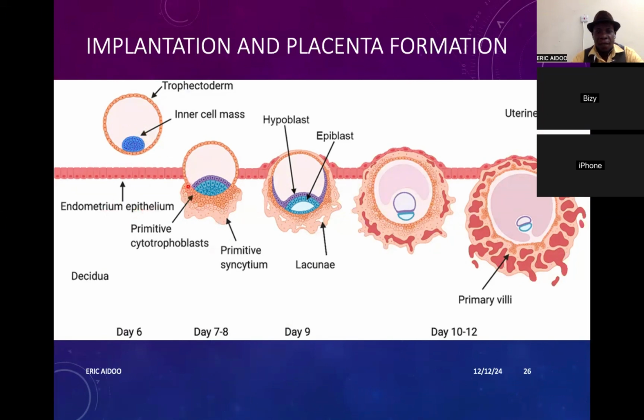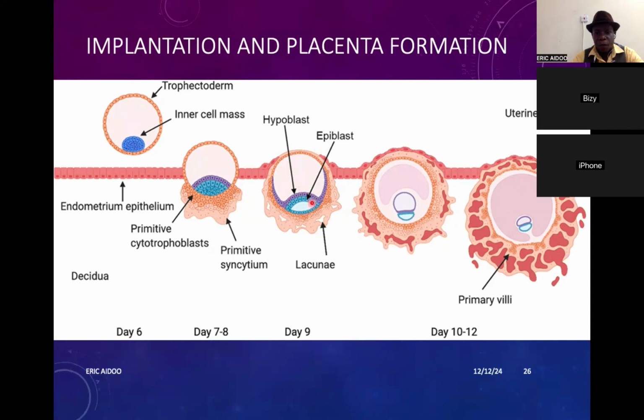Then you have the eating into the endometrium by the syncytiotrophoblast, primitive cytotrophoblastic cells, primitive syncytium. Then you have the bilaminar forming, which will be in the second week. Okay, that will give us epiblast and then hypoblast.